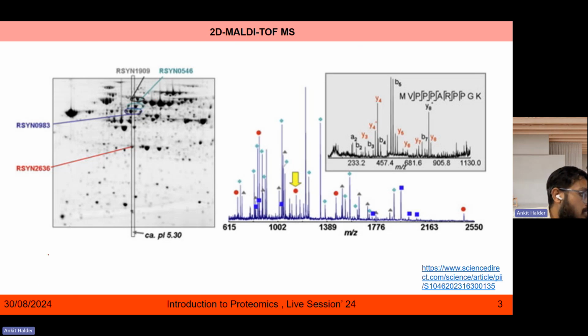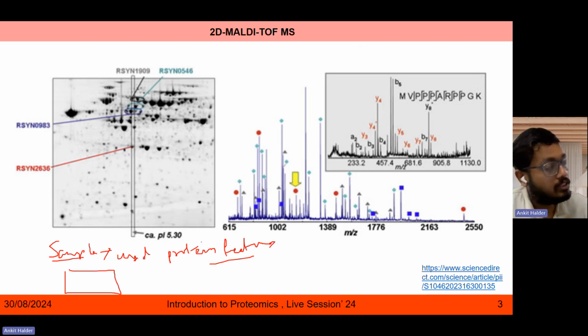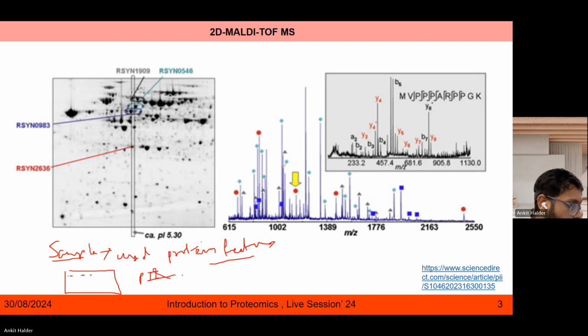The basic idea here is that we have a sample, and we use protein features, particularly pI and molecular weight, and we separate by them.